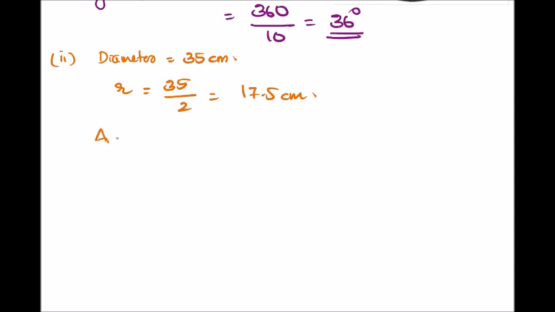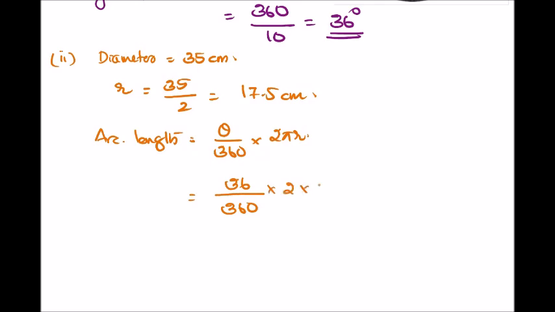We know the formula arc length is equal to theta divided by 360 into 2 pi r. Now substitute the values. Theta is 36 degree divided by 360 degree into 2 into 3.14 into r is 17.5.